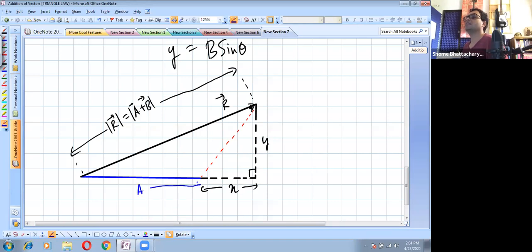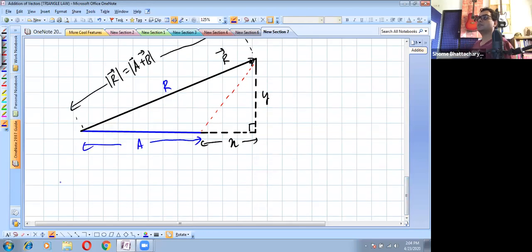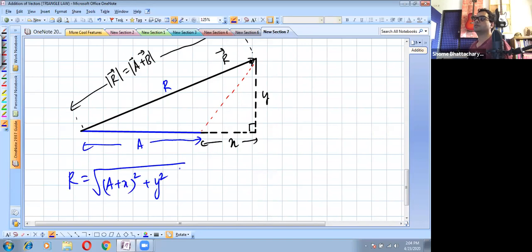So now look at the larger triangle that I'm talking about, this right angle triangle, this whole one that I've drawn. This side is R, this side is A plus X, and this side is Y. So apply Pythagoras theorem here instead of trigonometry, and you can see that the hypotenuse should be the square root of base, which is (A plus X) whole squared, plus perpendicular, which is Y whole squared.